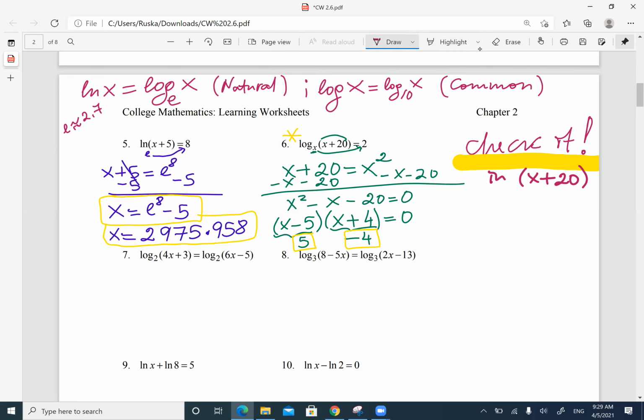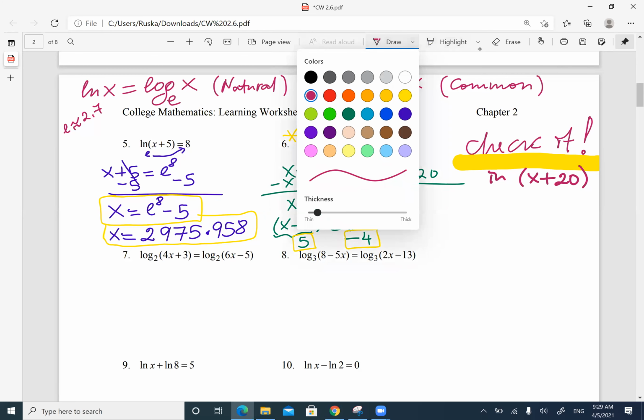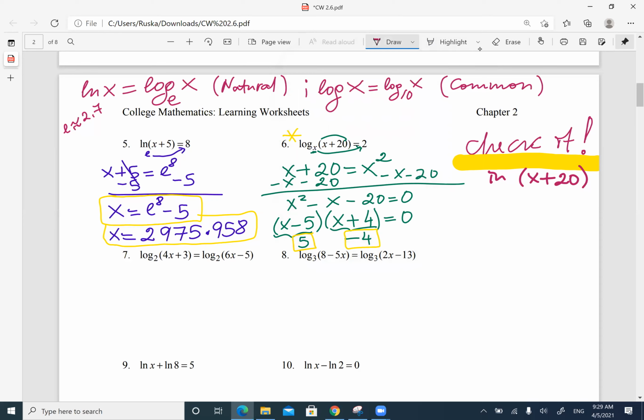If it's positive, we're good. If it's negative, it's not a solution. Okay? So sometimes whatever you get for x, it's possible to not be a solution. So this is how you check it.